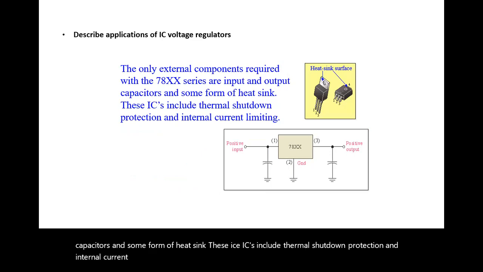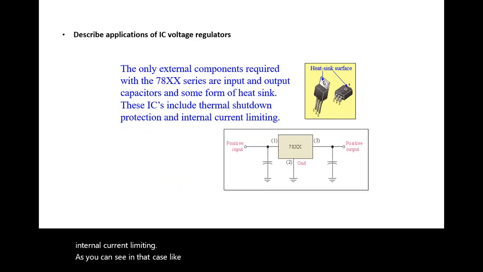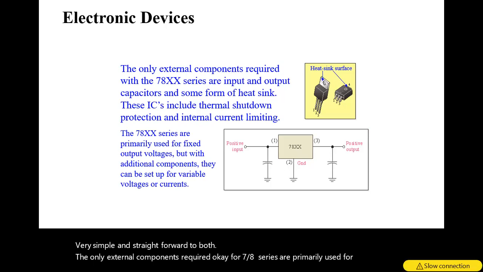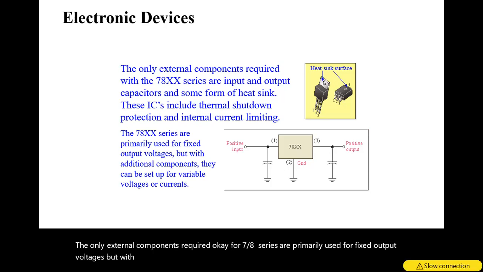As you can see in that case, that is quite a small electronic component, and the circuit is also very simple and straightforward to build. The 78XX series are primarily used for fixed output voltages, but with additional components, they can be set for variable voltage and currents as well.